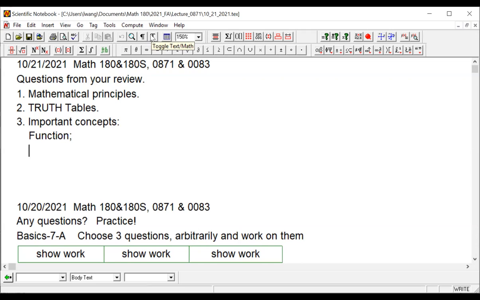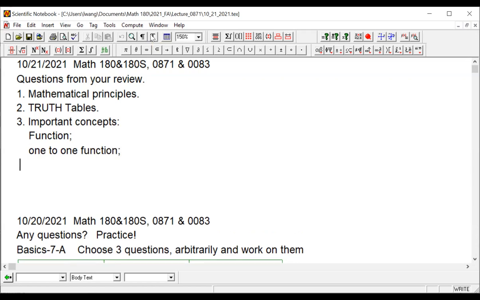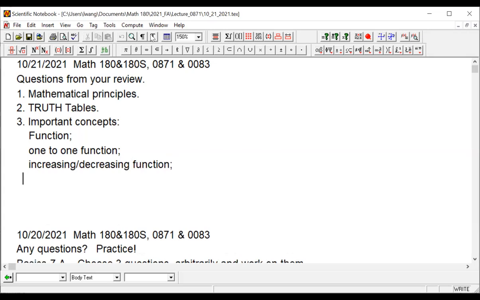Number two, one-to-one function. And then increasing function or decreasing function. And last, of course, even or odd functions. So these are the important concepts.